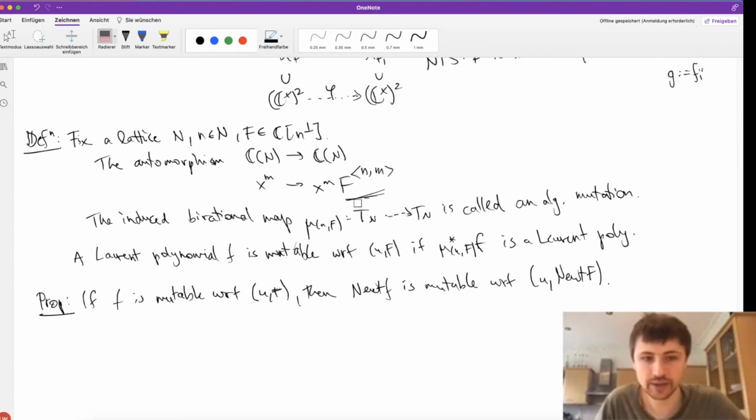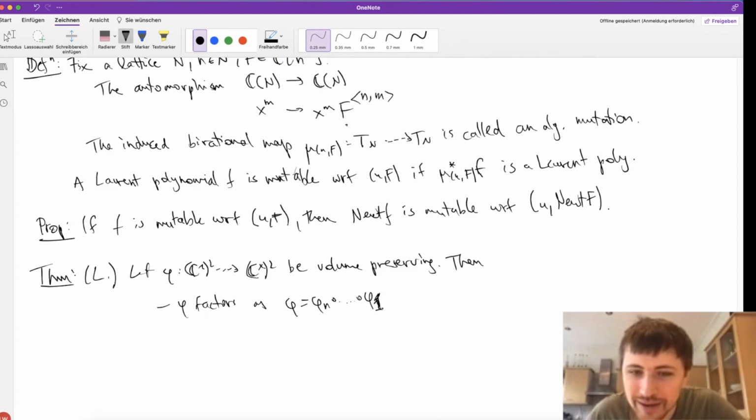So phi factors as a composition of mutations, phi n up to phi 1, where each of the phi i's is an algebraic mutation.